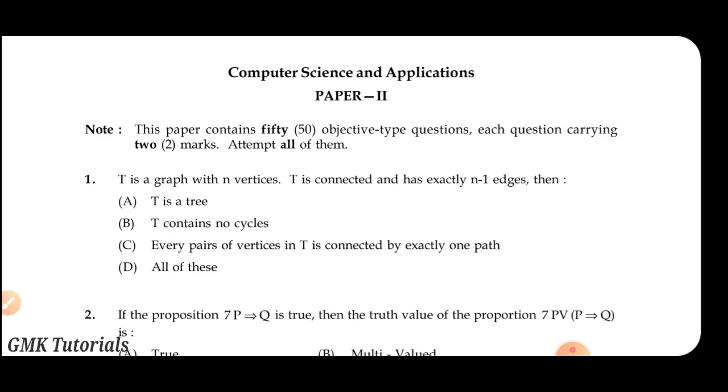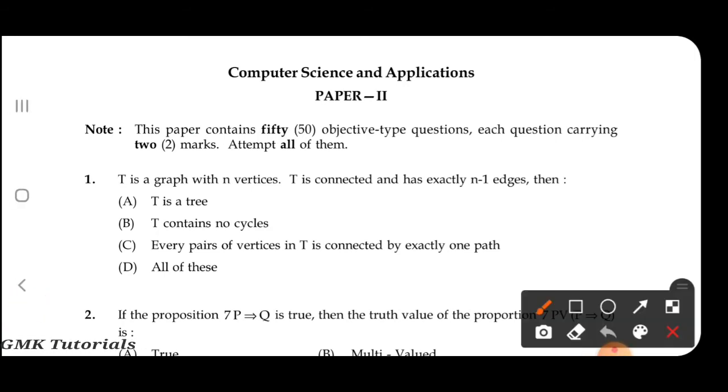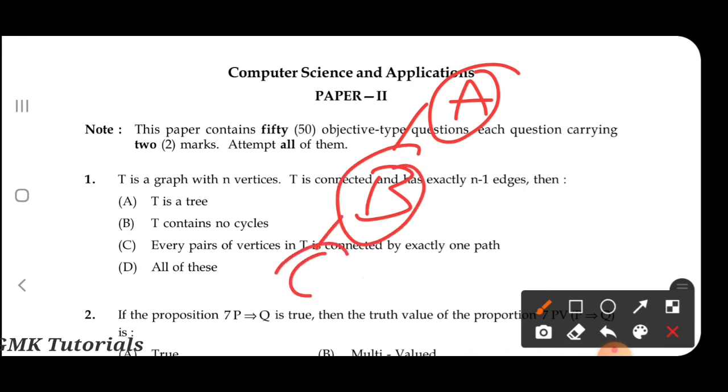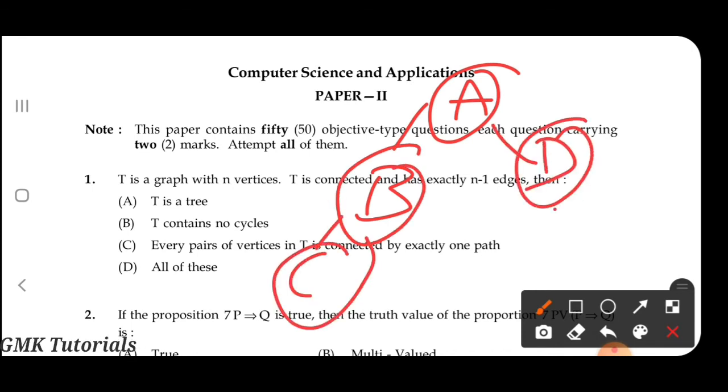First question, T is a graph with n vertices. T is connected and has exactly n minus 1 edges. We will take one example, A to B and B to C, here D to E. So this is a tree and it has no cycle.